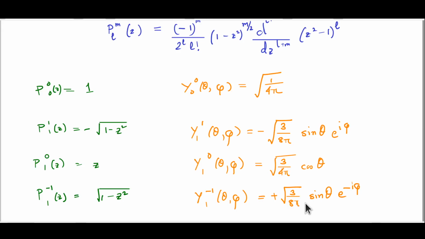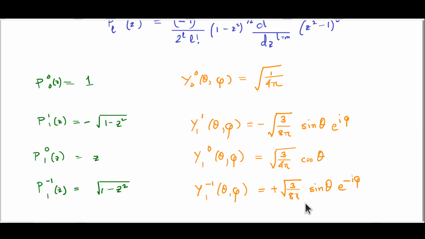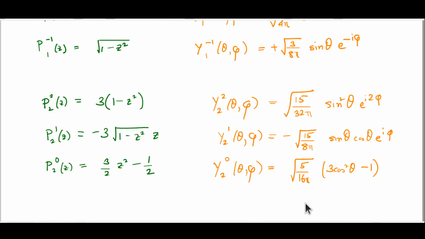The ones for minus 1 and minus 2 can of course be found out using this standard formula that we had just talked about. So if you use the formula for the Legendre functions, you can get these, and then the spherical harmonics follow.